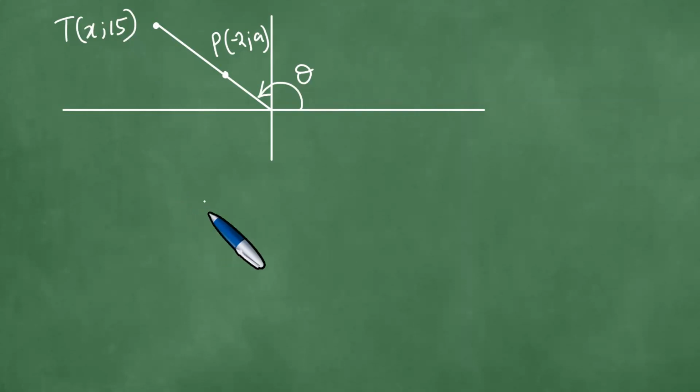Okay, good. We have Y, and this is a point K, and X, like so. And we have this situation, and O is the origin.